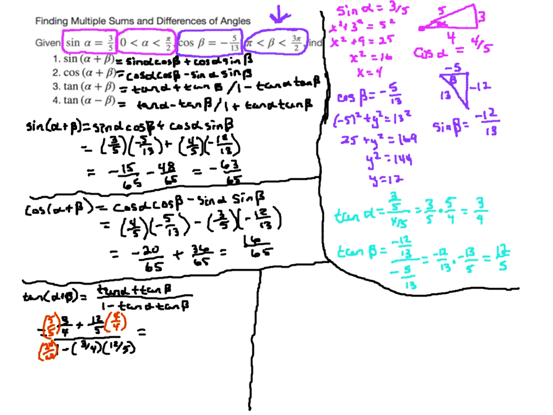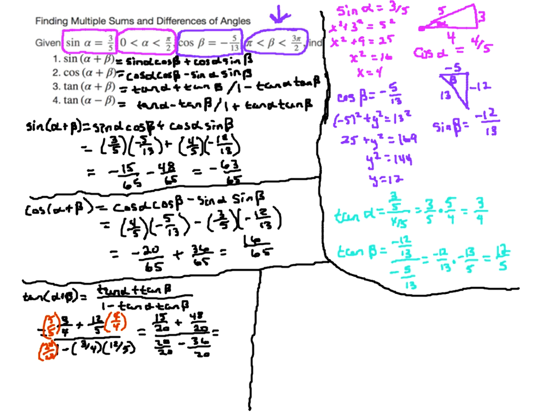So hopefully that didn't confuse you there. Okay, so this is 15/20 plus 48/20 divided by 20/20, that's 1, minus 36/20.